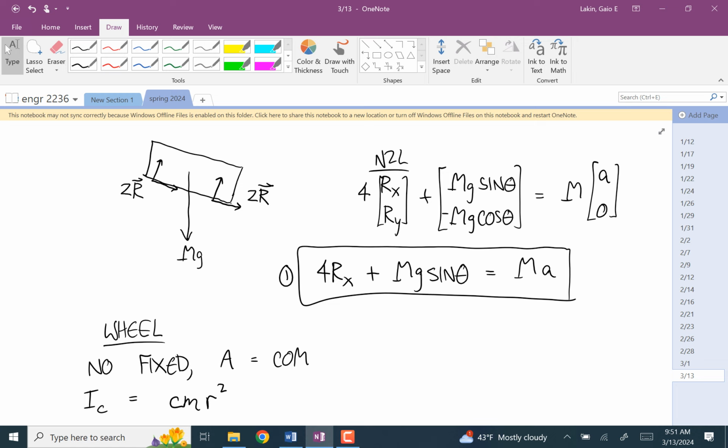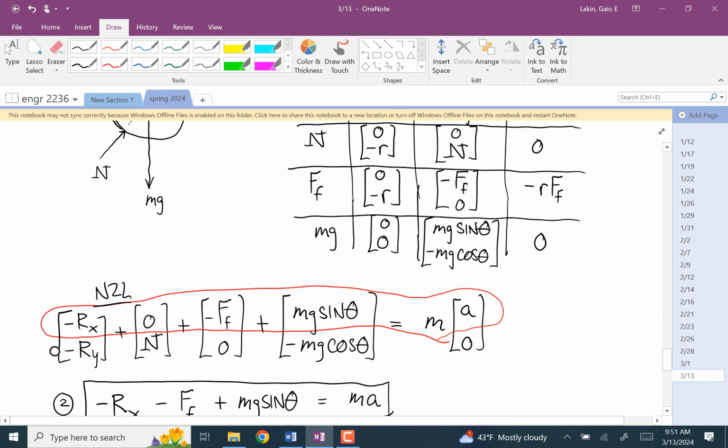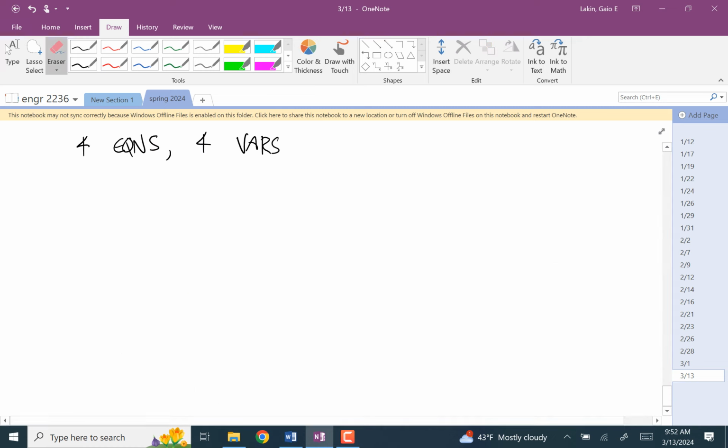Now it's just some math and rearranging. But we'll come up with an equation that says this is how the mass of the thing matters for the acceleration, this is how the mass of the wheels matters, and this is how that c value of the shape of the wheels matters. Any other questions? Okay, so continued next time.